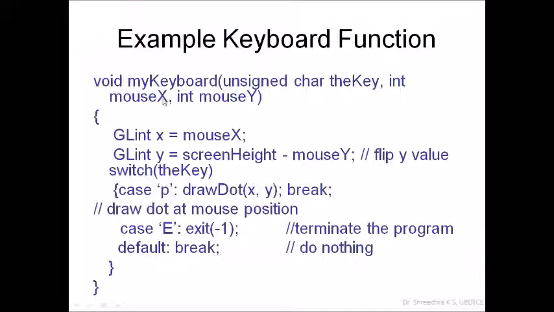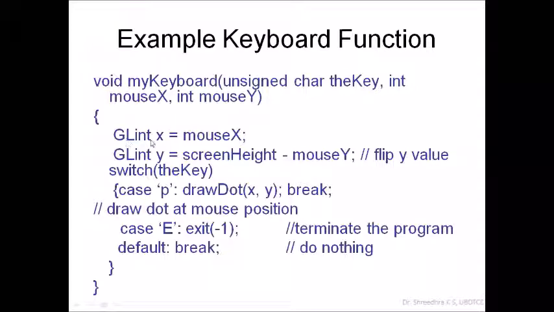Note this, how my keyboard function works. Here I am just demonstrating one function, my keyboard API. Whenever it is invoked with the function, the key and the corresponding mouse position X and Y are passed. Here, the int mouse X position is caught in the variable.